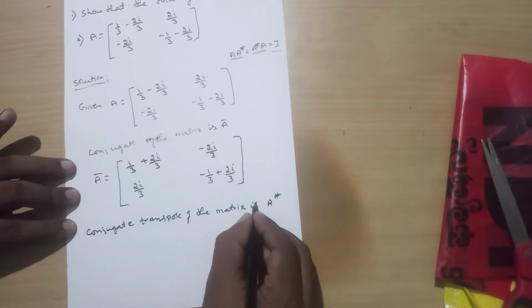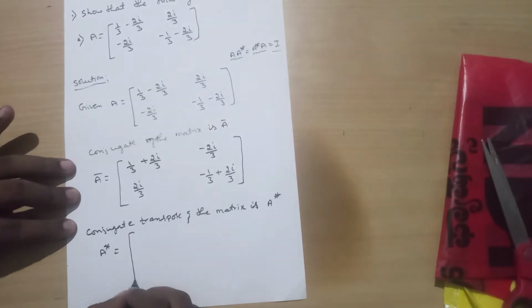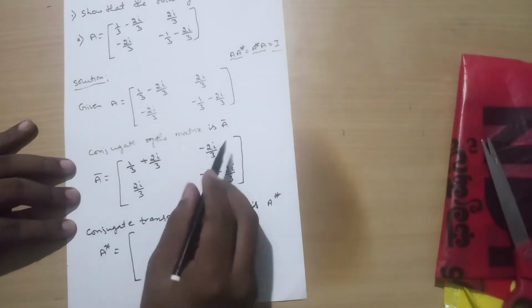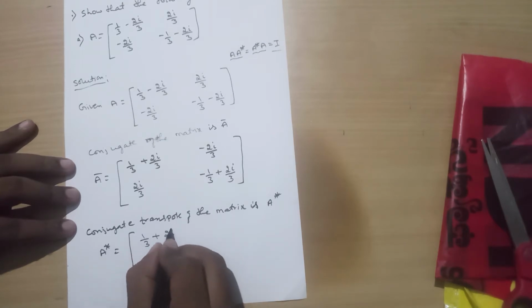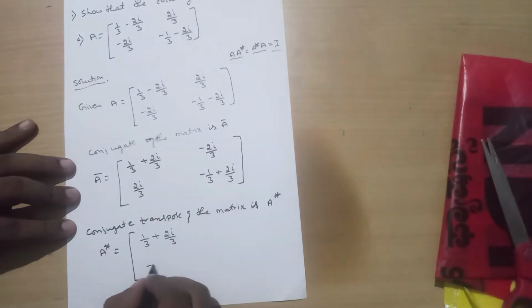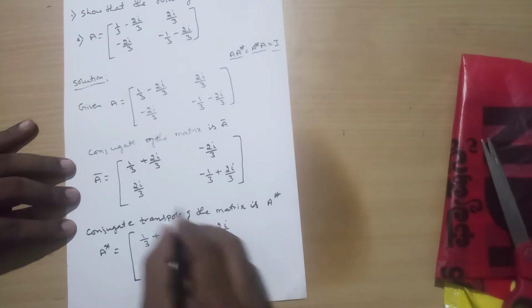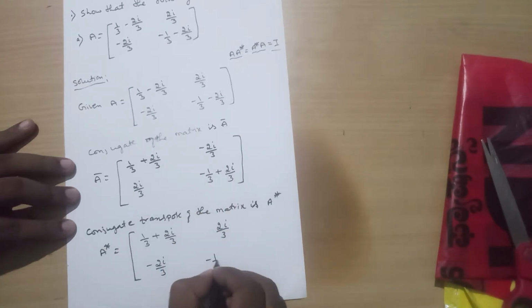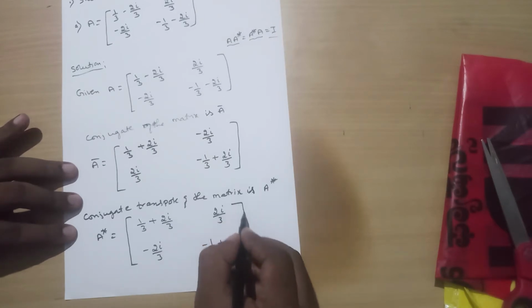So A star equals, so transpose ಅಂದರೆ ರೋನ ಕಾಲಮ್ನ ಇಂಟರ್ಚೇಂಜ್ ಮಾಡೋದು. ಸೊ 1 by 3 plus 2i by 3 and here minus 2i by 3 ಆಗುತ್ತೆ. So here what you get, 2i by 3 and here you will get minus 1 by 3 plus 2i by 3.